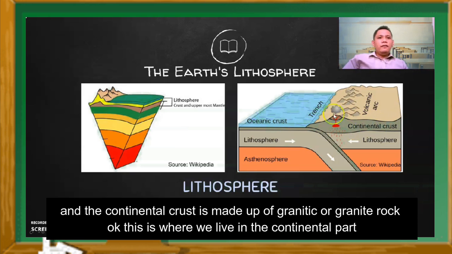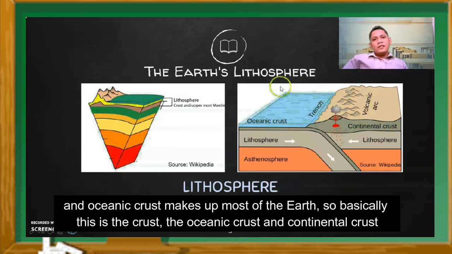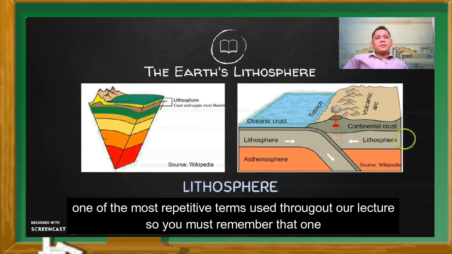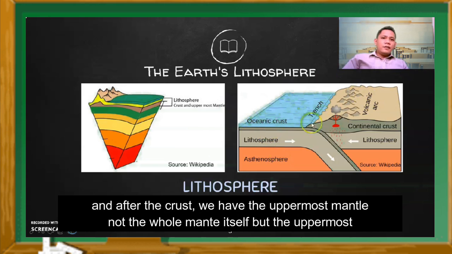This is where we live, in the continental part, and the oceanic crust makes up most of the Earth. So basically this is the crust. The oceanic crust and the continental crust are also among the most repetitive terms throughout our lecture, so you must remember that. And after the crust, you have the uppermost mantle.